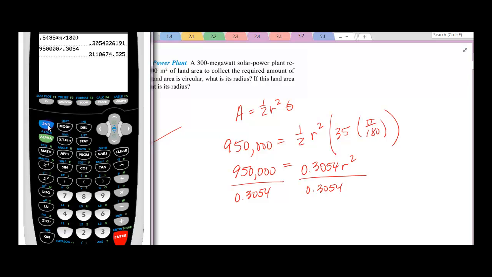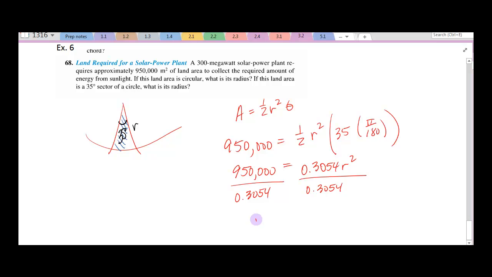And we can tell when we do this on the calculator that the radius of this circle would have to be 1,763.6 meters in order to have an area given by the 950,000 square meters of land. And that's how you work both of these two application problems using the formula given.